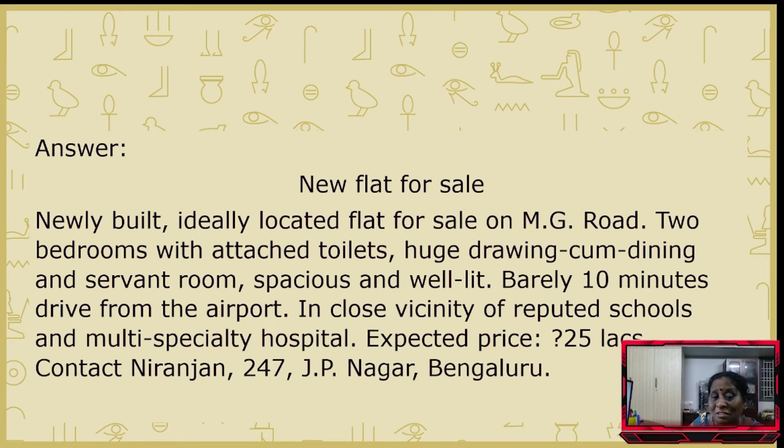Barely 10 minutes drive from the airport, in close vicinity of a reputed school and multi-speciality hospital. Expected price 25 lakhs. Then you can also say according to Vastu or things like that. You can just add.